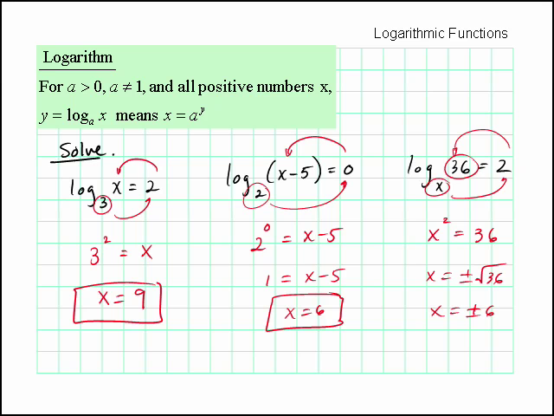However, as we mentioned earlier, the base number, a, must be positive. And since x here represents the base, I can only use the positive value, x equals positive 6. No negative bases are allowed. Okay, moving on.